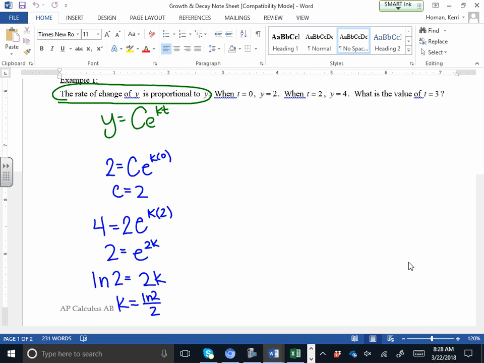All right, so what is the natural log of 2 divided by 2? 0.346. Give me 3 more.